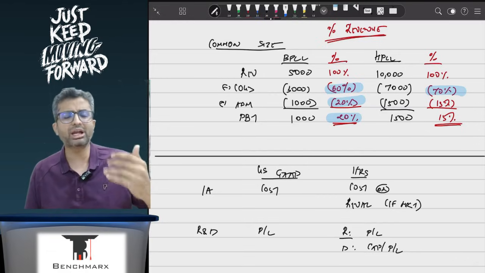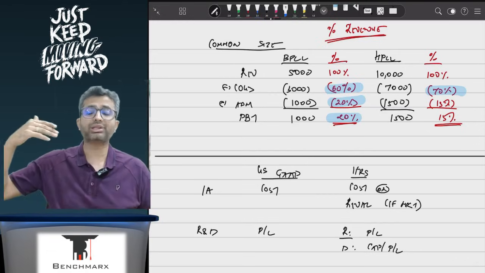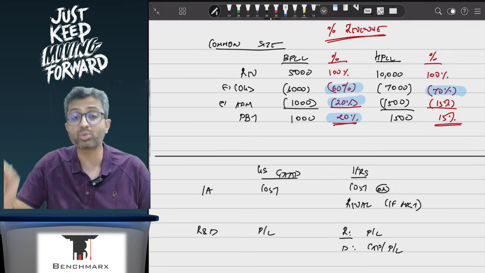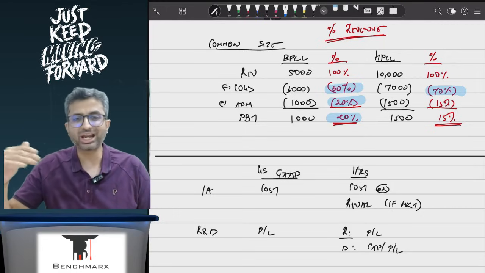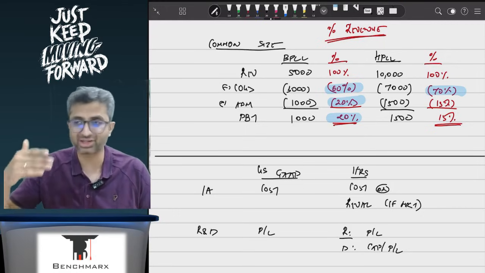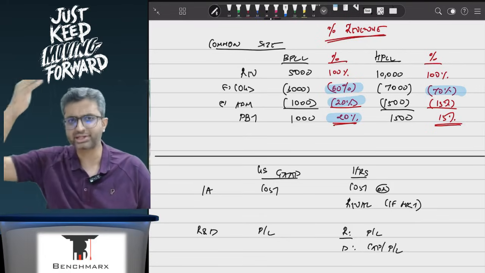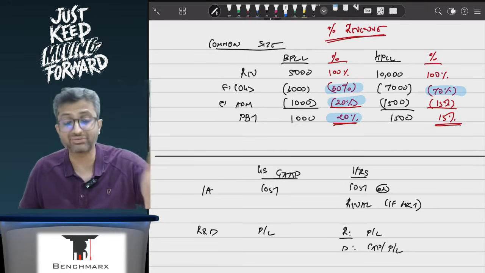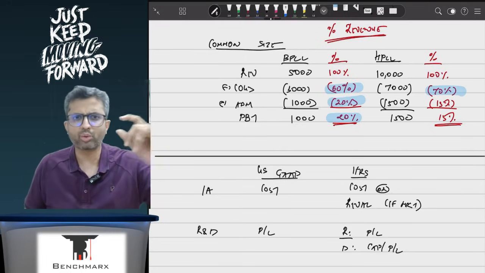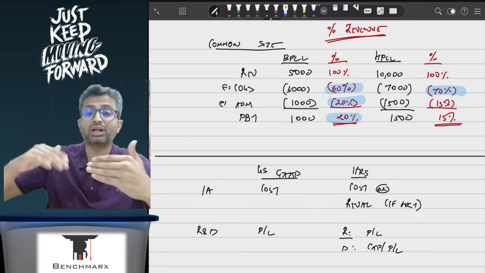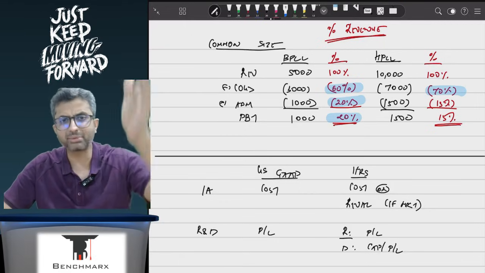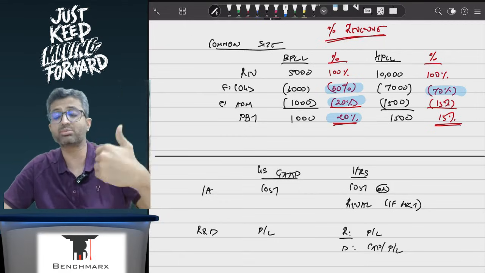Now, when I'm looking at the income statement, there is something called a common size statement. In a common size statement, we look at each number as a percentage of a base to figure out, over the years, say if I'm taking 5-year statements, whether the expenses have changed, and if they've changed, what the proportion is. The top line of the income statement is the revenue, and hence in a common size statement we'll typically prepare the entire statement as a percentage of revenue.